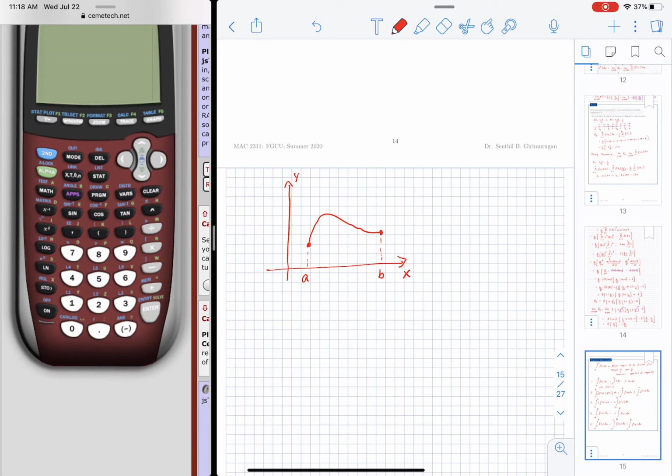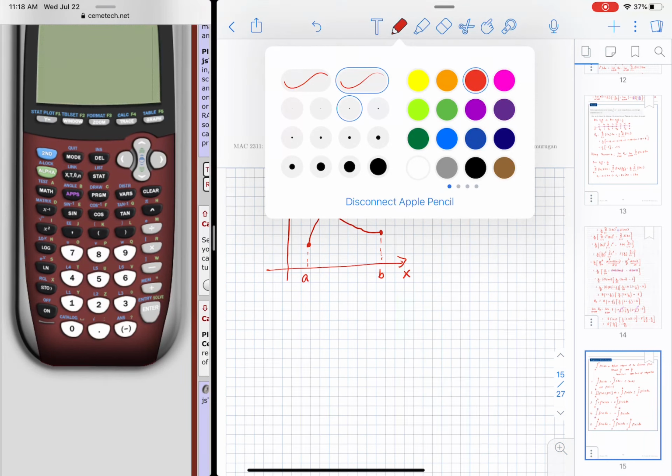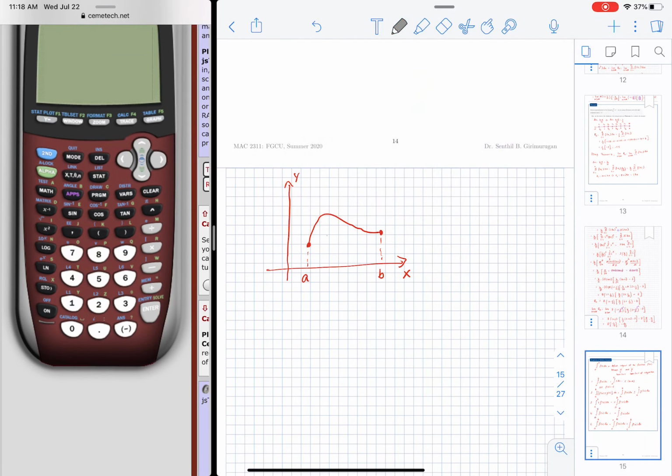What we want is that area, and that area is simply the integral from a to b of f of x dx.